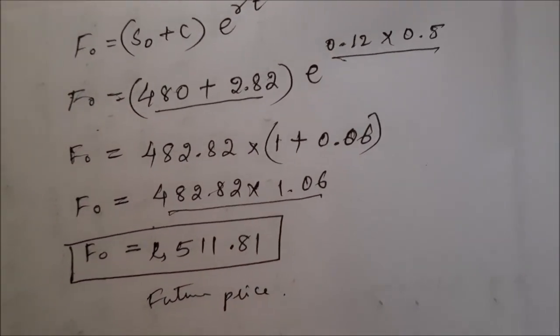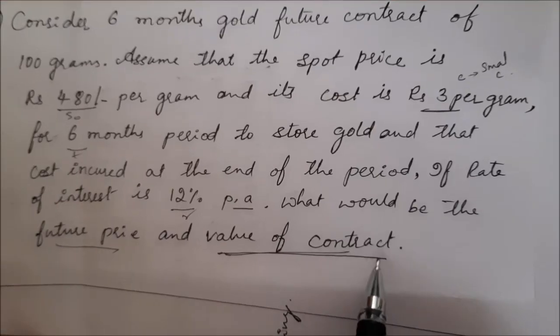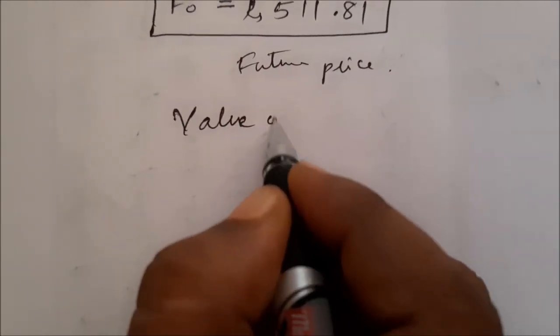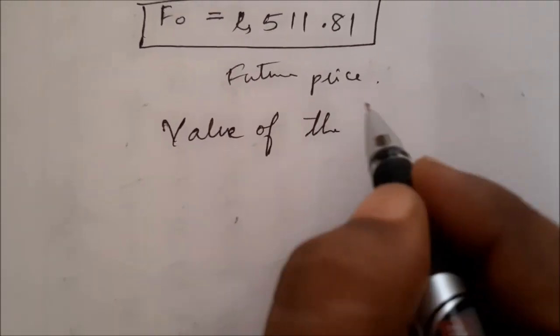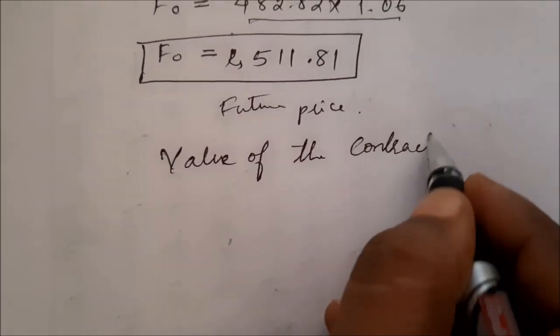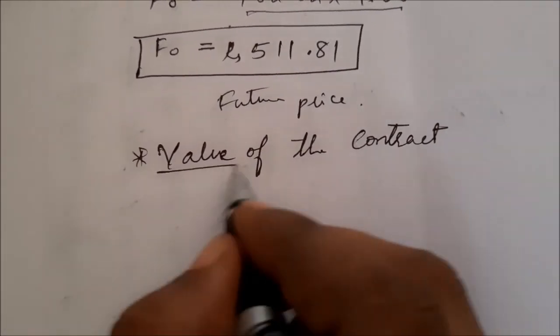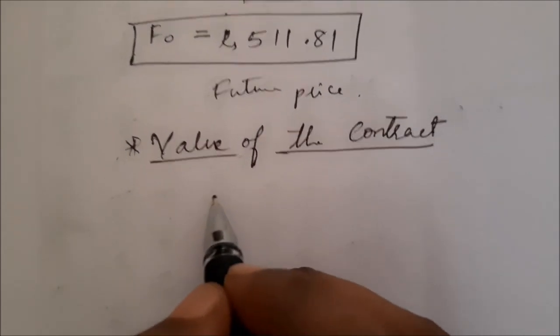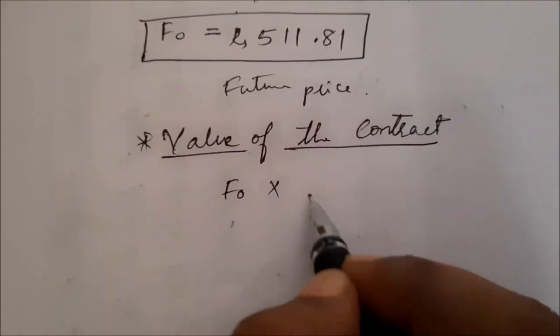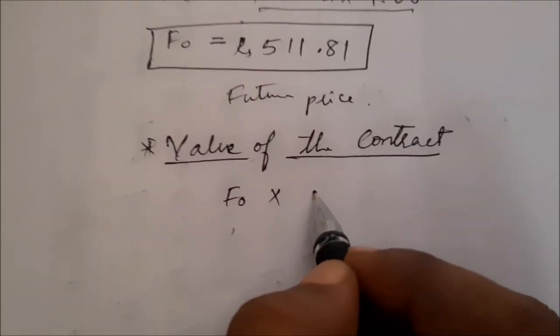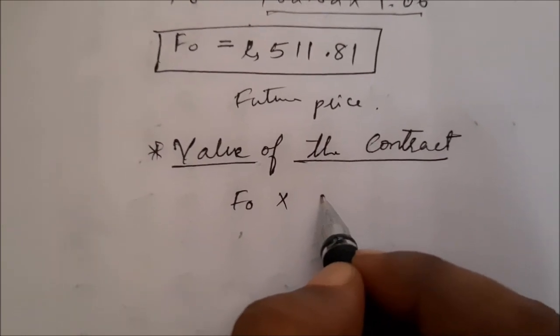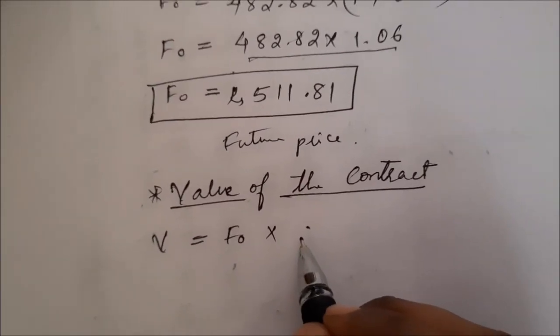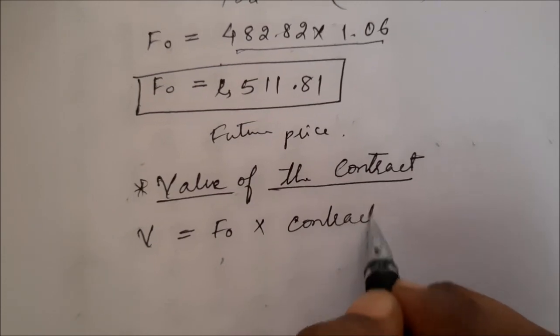Again we have to calculate the value of contract. For calculating the value of the contract, the formula is value of the contract is equal to future price into contract size.